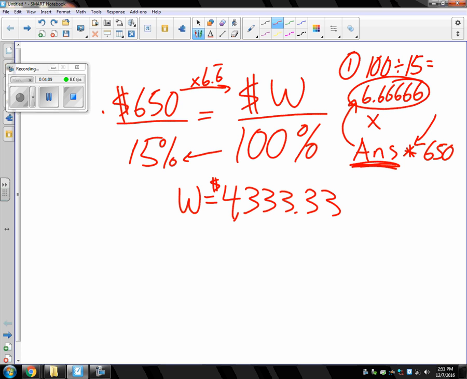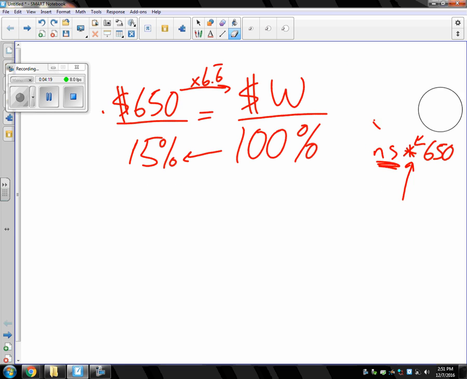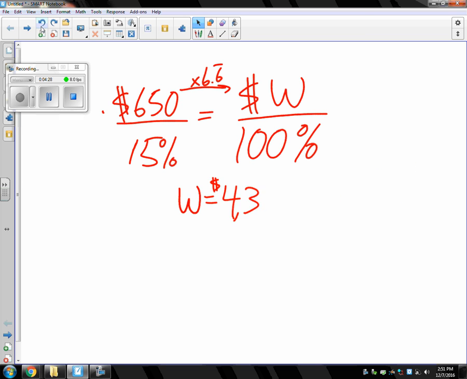So this was using the method of getting the previous answer and just right away multiplying it. When we hit that multiplication button, ANS pops up and it uses the previous answer. The other method we did, I'll write it up here again.